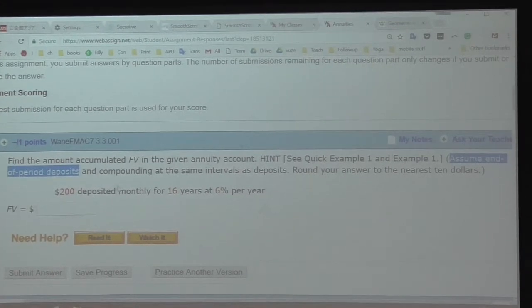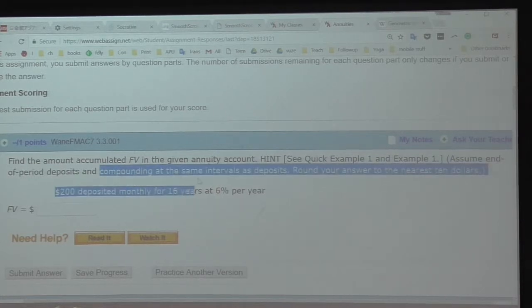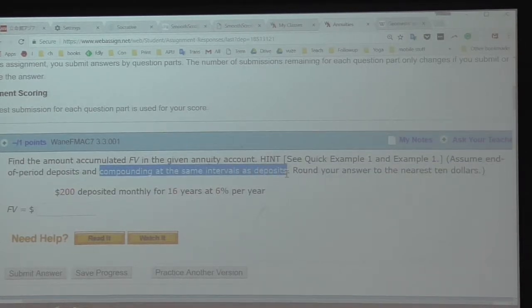Okay? And what does this mean? And compounding at the same intervals as deposits. What does that mean? So we said we're going to compound 12 times a year, right? That doesn't have to be true, but we're assuming that we're going to compound at the same rate that we're making the deposits. Okay? It doesn't have to be that way, but that's what we're assuming.